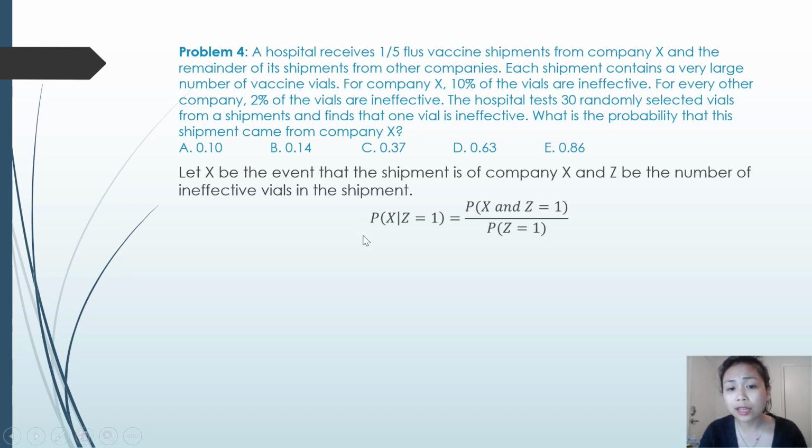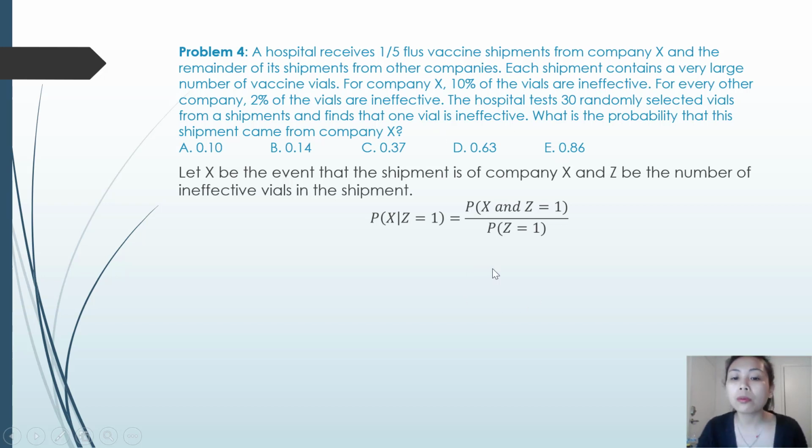The question asks us to find the probability of X given Z equals 1, because it asks for the probability that this shipment came from company X, given that the hospital tests 30 randomly selected vials and finds that one vial is ineffective.